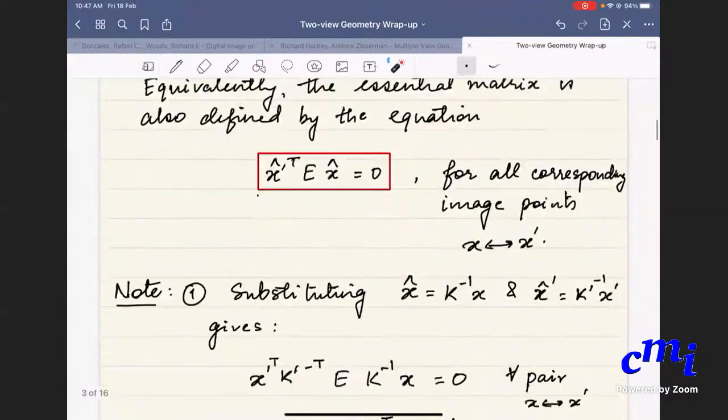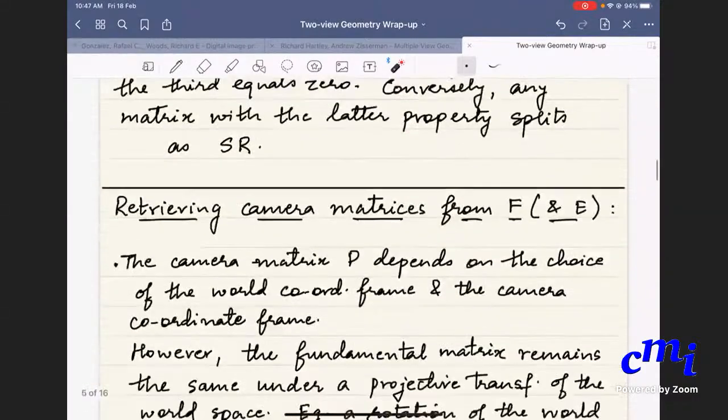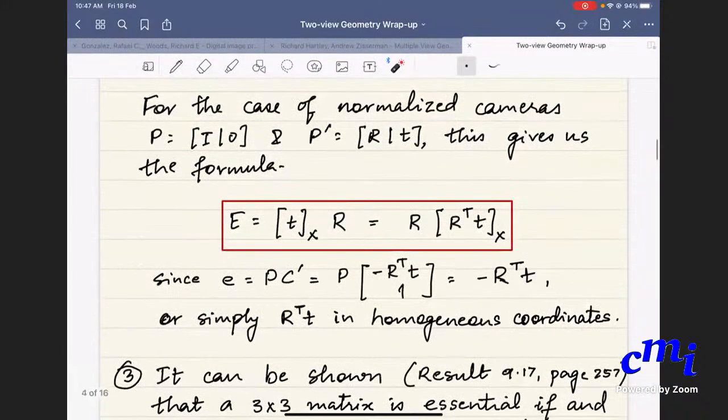Another way of getting this formula is, notice that E is PC prime, right? The projection of the second camera center through P. So this is P, and C prime is the camera center of that calibrated matrix. So we know that C prime is the vector minus R transpose T, 1.